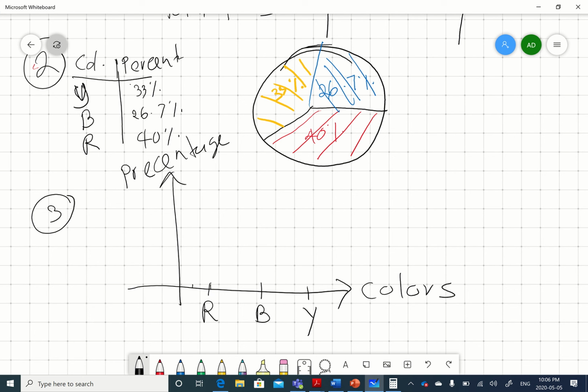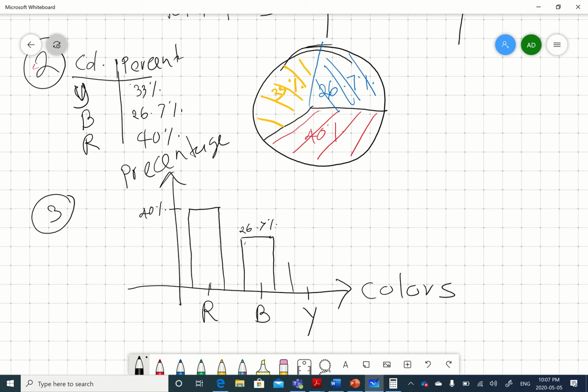So 40% for red, and then blue is 26.7, and then the other one is 33. When you draw this in Excel, trust me, it's going to be much nicer and neater than my drawing.